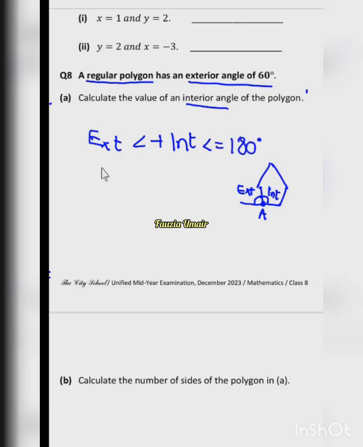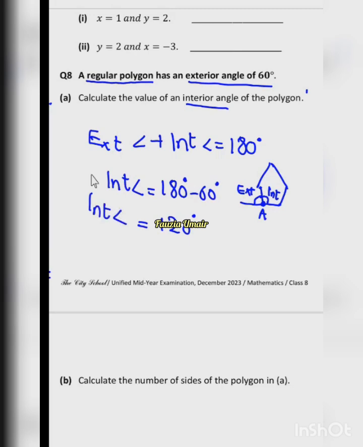That's right. So now the interior angle would be 180 minus 60 degrees. So the interior angle of this particular polygon is 120 degrees.